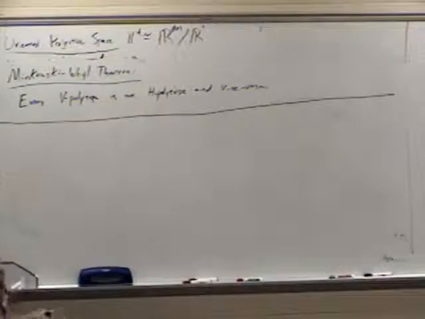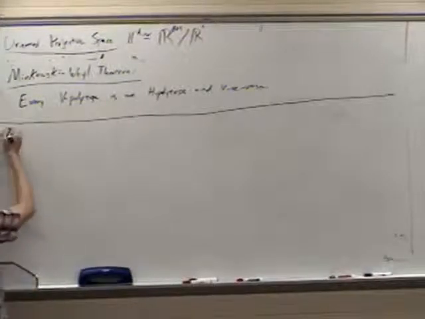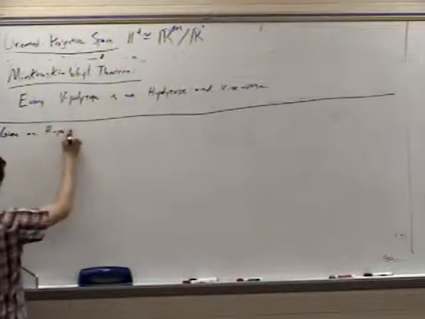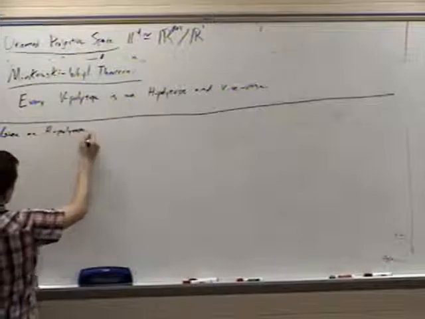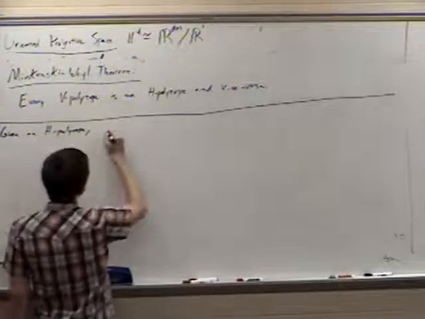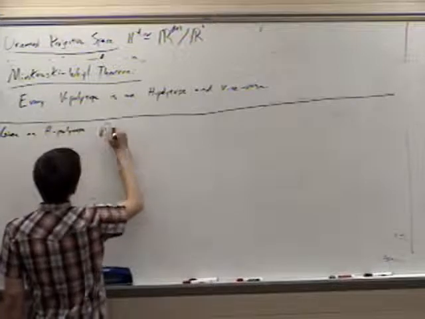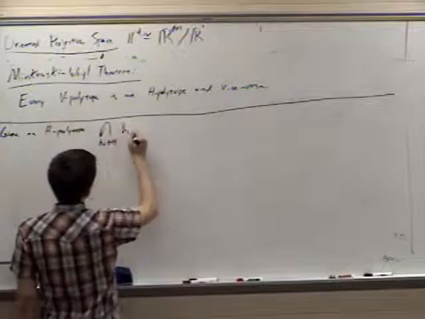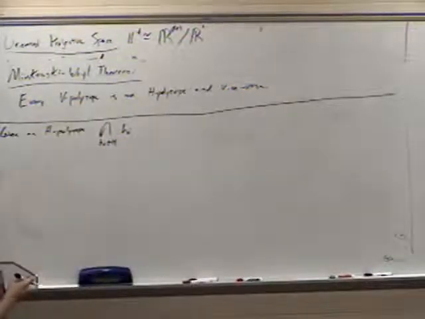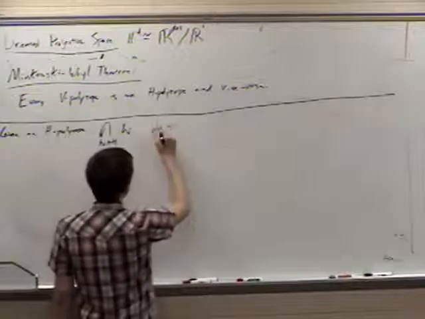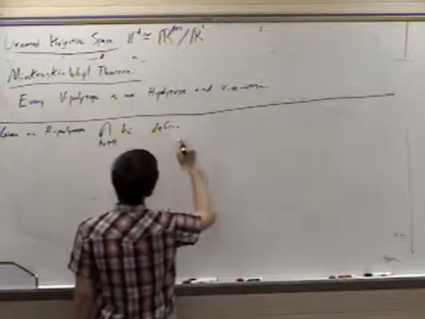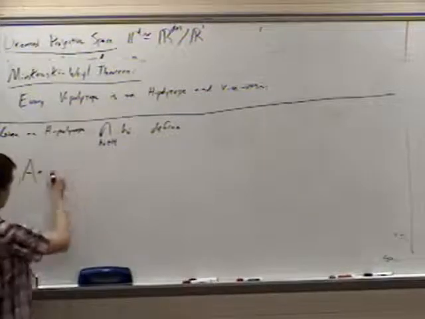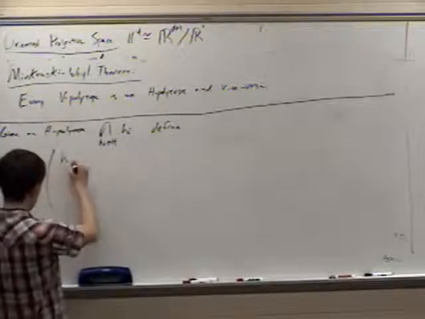So if we have an H polytope, written as basically the intersection of all these HIs in some big H. Define this matrix, which we're going to call A, to be just a matrix whose rows are each of these HIs.